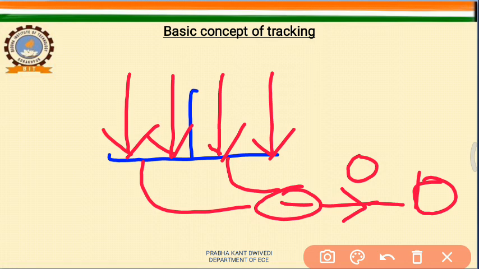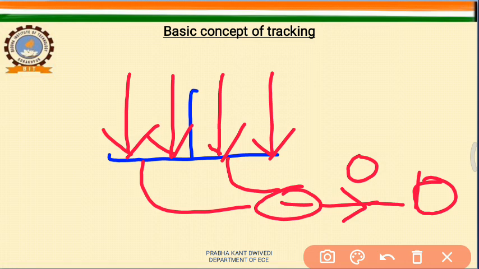Even in cloudy weather conditions, where the sun is not rising properly, in this case also this system can track the sun very easily. So there are two types of systems to track the sun.